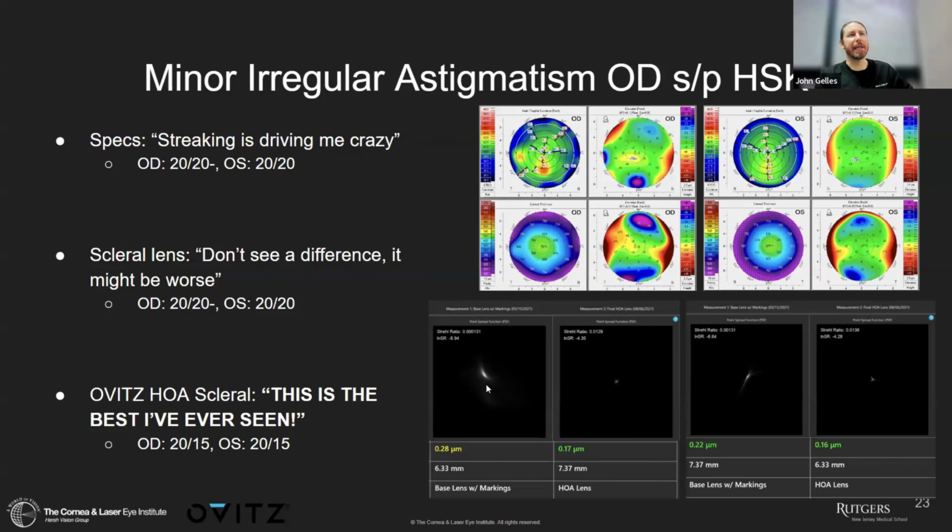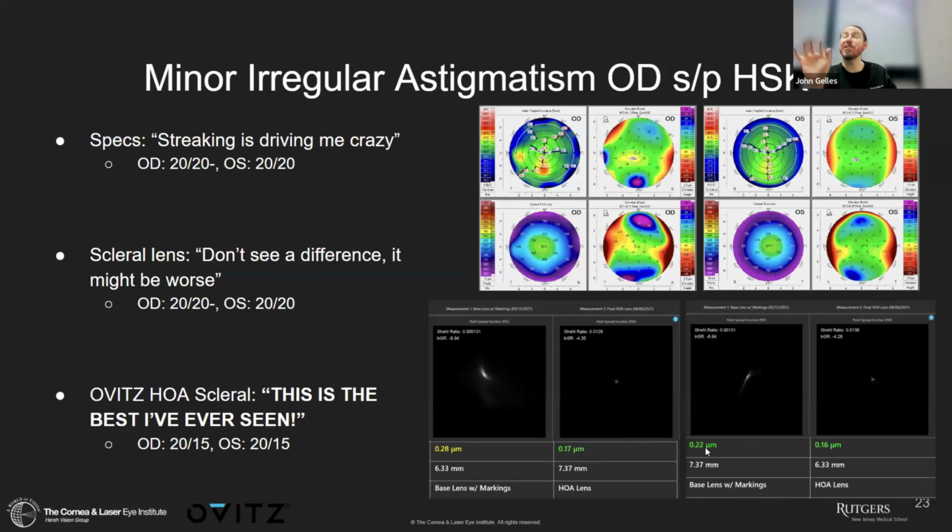What we then do is the Ovitz optics for HOA reduction, and his response to this is the best he's ever seen. You can see in the point spread functions over on the right images how much we've improved and tightened up that point spread function, and we've been able to improve his visual quality to 20/15. So we got about a 50% reduction on that right eye.